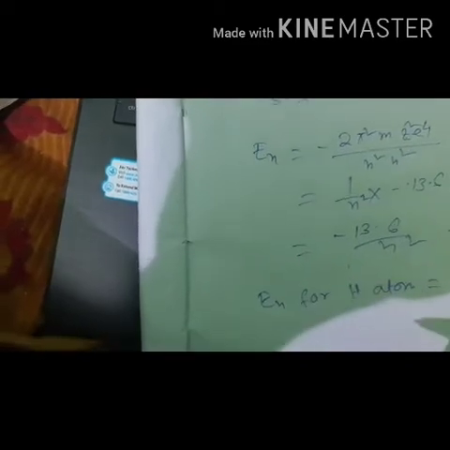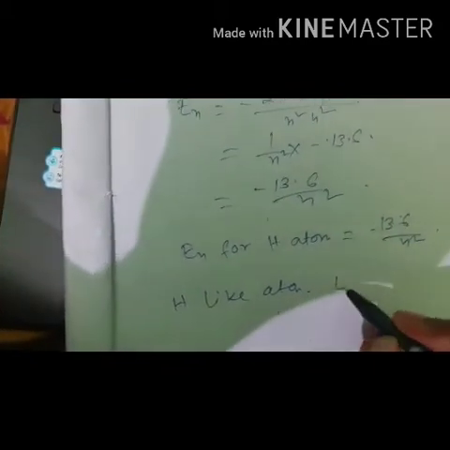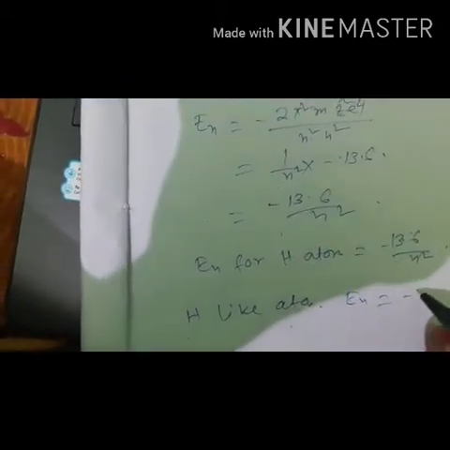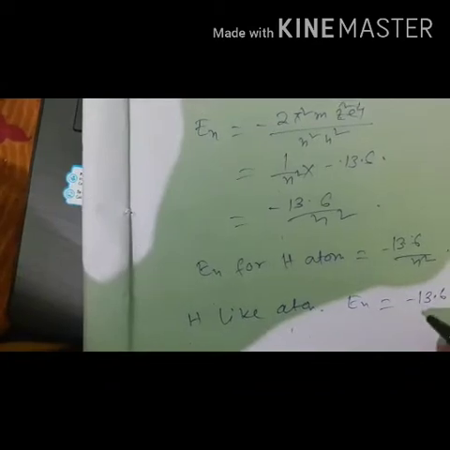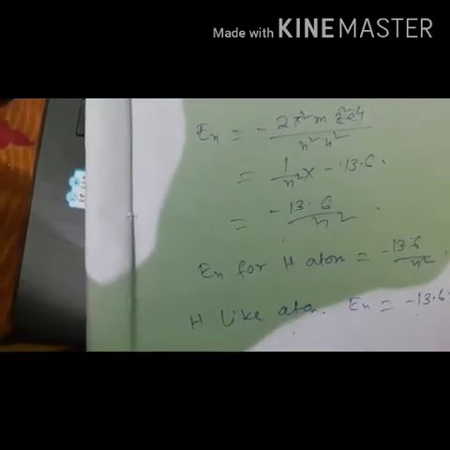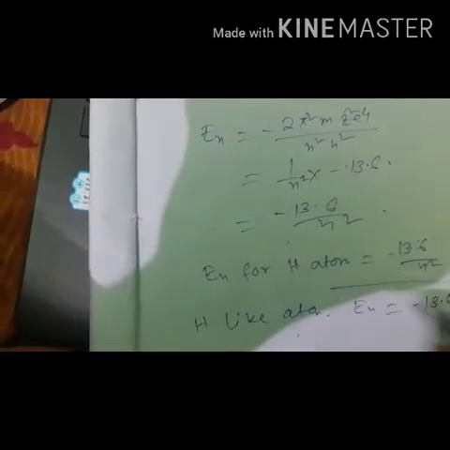Now if we take a hydrogen-like atom, then the Z value will not be equal to 1. Then En equals minus 13.6 into Z square divided by n square. Look at this formula for the general expression.